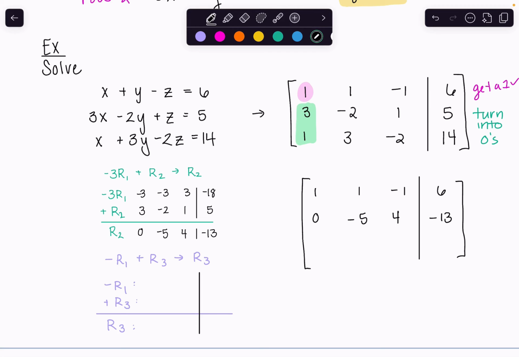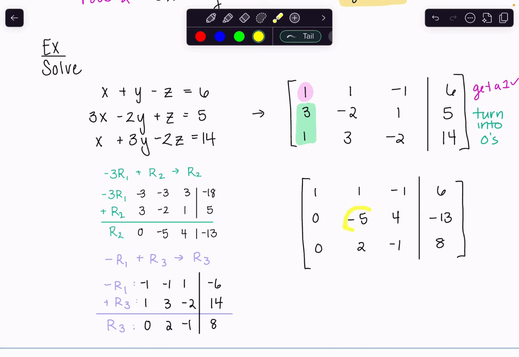So negative row 1 is -1, -1, 1, -6. Row 3 is 1, 3, -2, and 14. So that gives us 0, 2, -1, and 8. So putting that in this spot gives us this matrix. Okay.